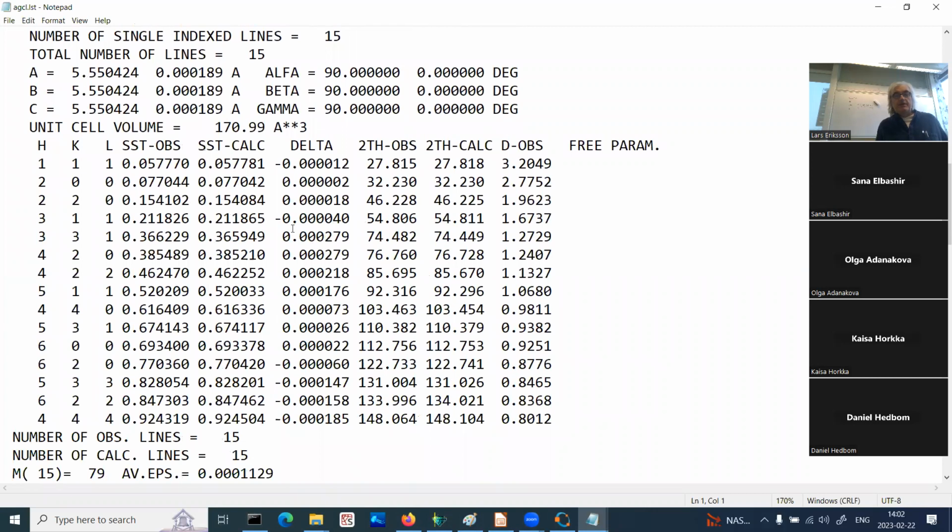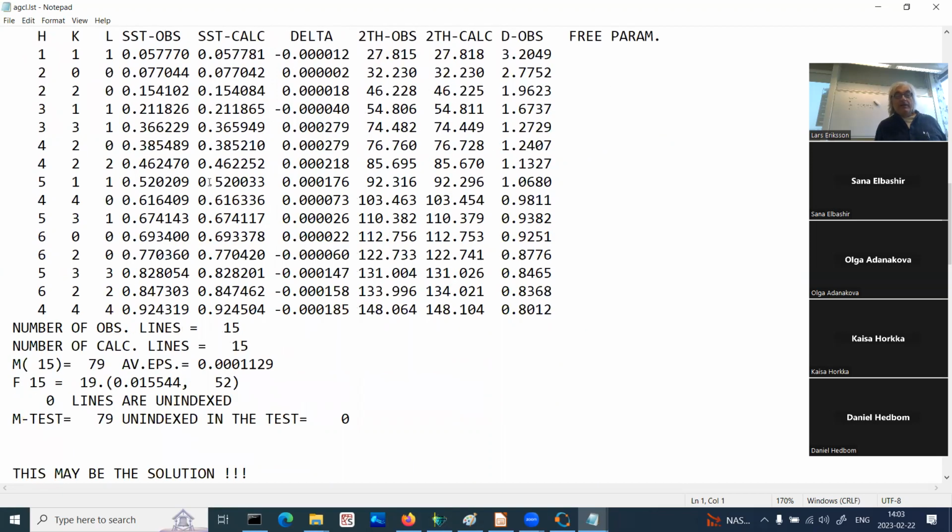This is really a nice, good-looking indexing of a cubic pattern. Perhaps if we do suspect that this is cubic, maybe we should have actually looked at it with manual methods, paper and pencil, because that could be done. 0 lines are unindexed, and figure of merit is 79. M15, 15 because there are only 15 lines.